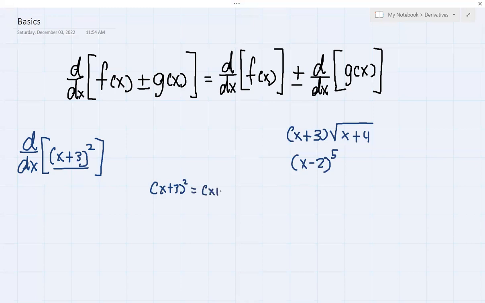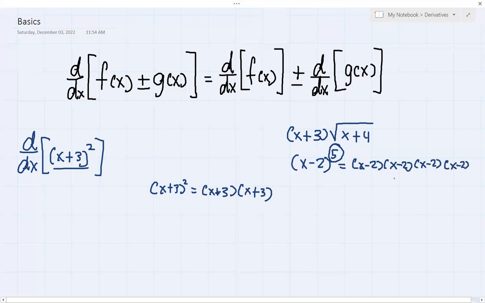So, magiging x plus 3 times x plus 3. Okay? This one, on the other hand, di ba raised to 5? Ibig sabihin nun, meron kang 5 x minus 2. So, magiging x minus 2 times x minus 2 times x minus 2 times x minus 2, and last but not the least, times x minus 2. So, you see, ang haba.